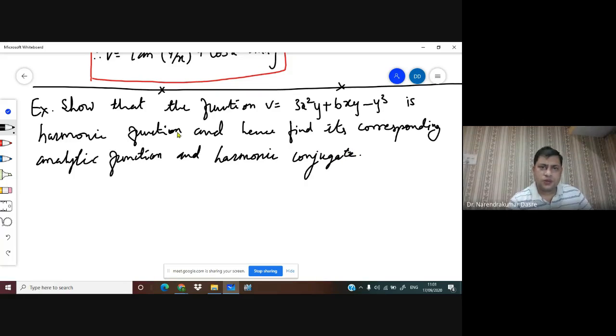Okay. So here v is given. We have to show that it is a harmonic function, and hence we have to find the analytic function and its harmonic conjugate.